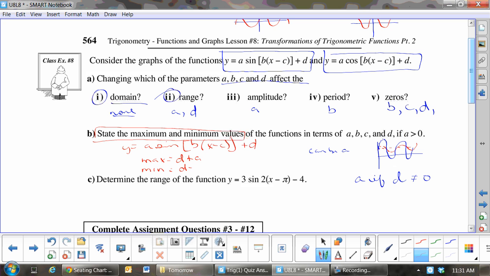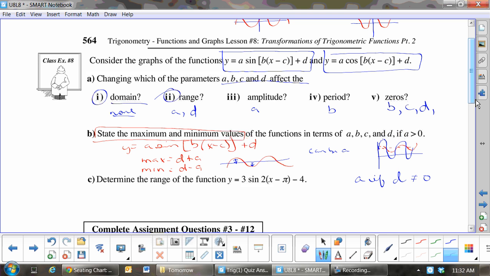D minus A. Okay, so I don't care where this thing is. You give me the D and the A. I will figure out the maximum, and I'll be able to figure out the minimum. Okay? It could be floating anywhere. You give me the D, I can do the max or the min.